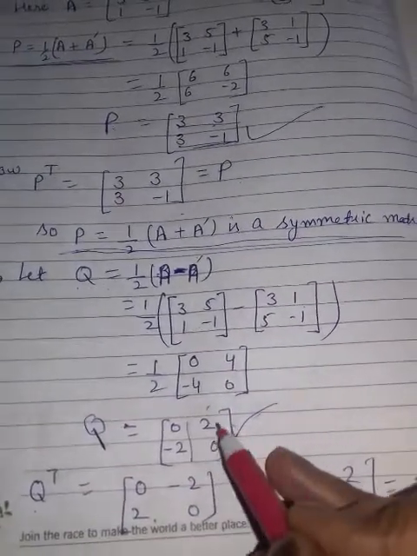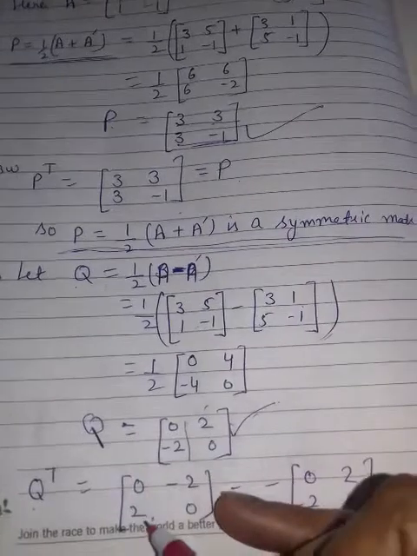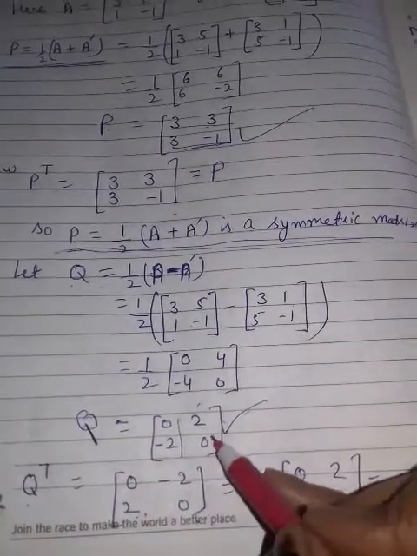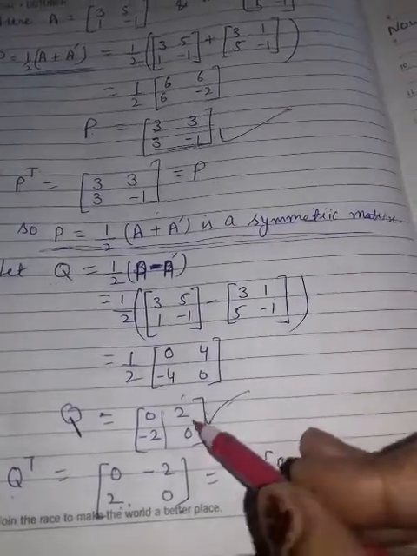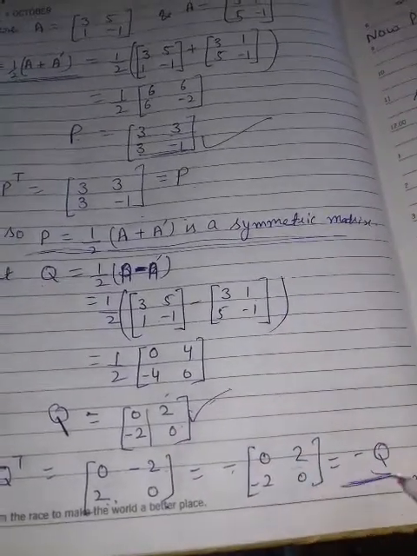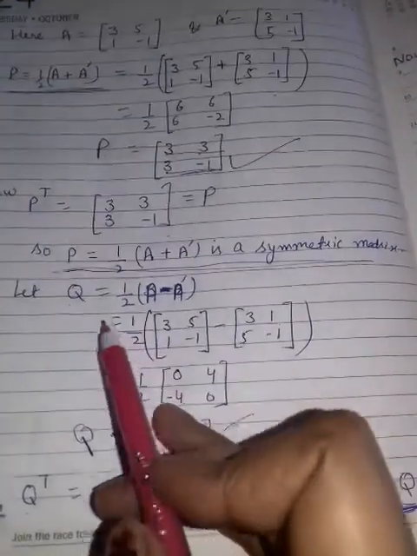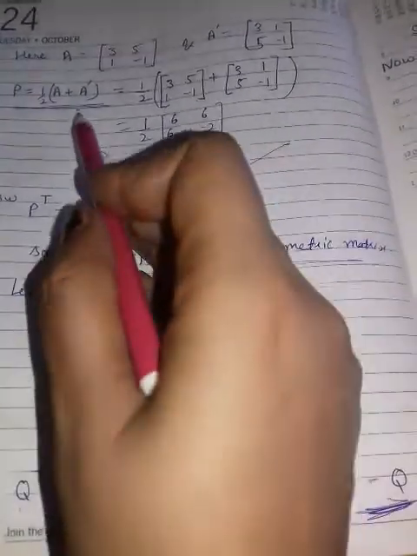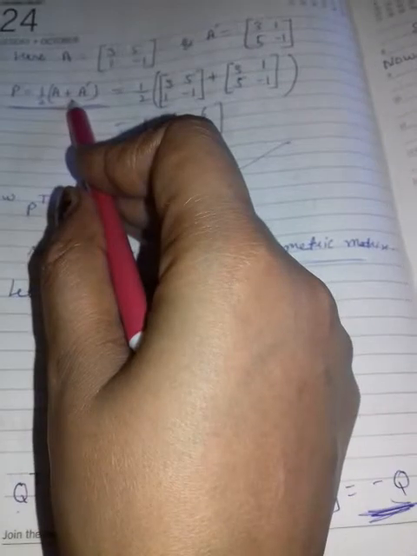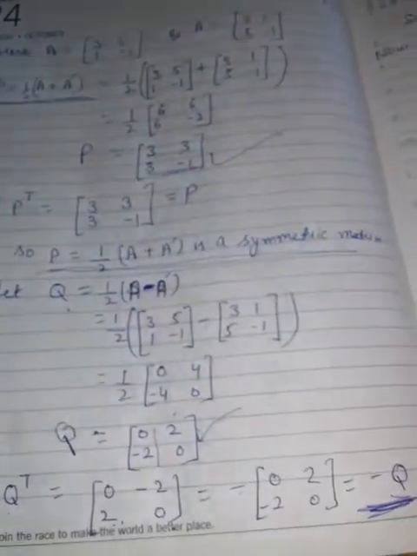First row, first column, first column, first row. Like this. Now you will see these are not equal, but if I take negative sign common, you will get them same. So this is equal to minus Q. Clear? In skew symmetric you will take negative sign with them, and in symmetric you will take positive sign with them, but half will be kept outside.